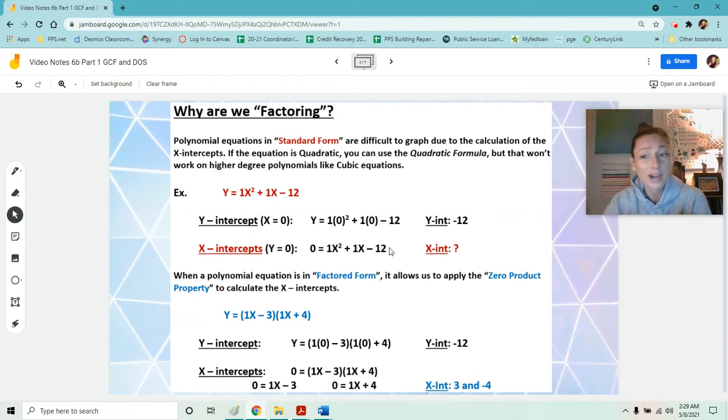You can use the quadratic formula if you want, but the quadratic formula doesn't work on larger types of polynomials. If we have an equation in factored form, however, we can use what's called the zero product property to solve for x-intercepts. And we'll be learning about solving for intercepts later on this year. So for now, just know that we're going to learn about factoring because it's going to be helpful later on.